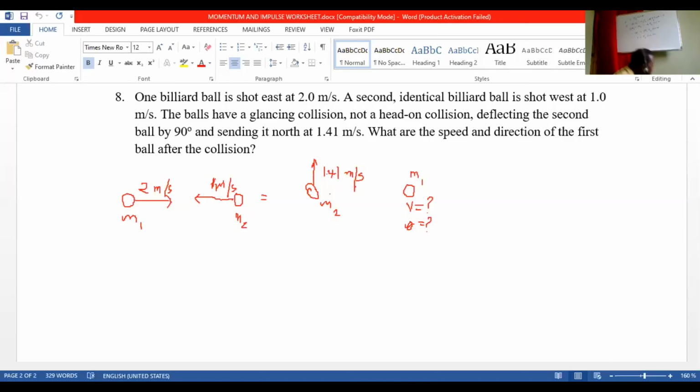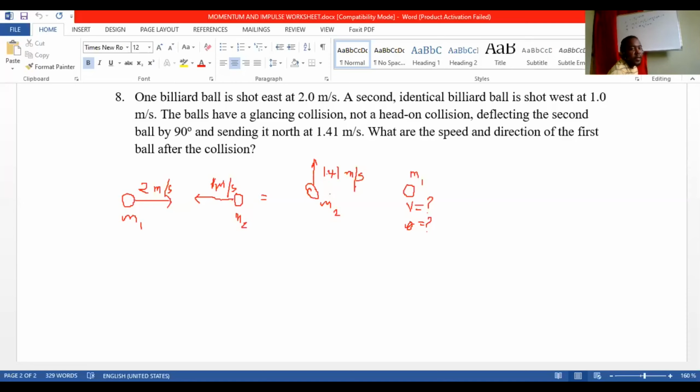Now let's look at the y component. For both x and y, there is no y component before collision, so that means before collision, that's 0. Then after collision, M1 is still unknown, so it's M1 V1F, and this becomes sine theta.